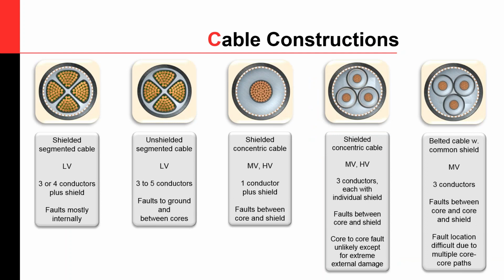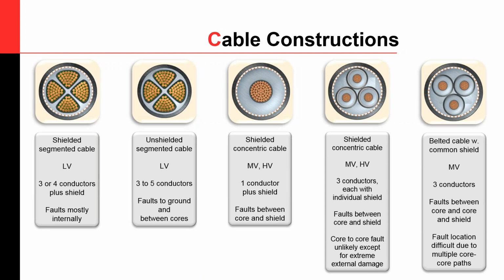Now, talking about cable constructions, they come unfortunately in a big variety. We start on the left. This presentation does not really deal with the secondary fault location and the low voltage stuff, but this is what you would typically see on low voltage installations, the segmented cables.